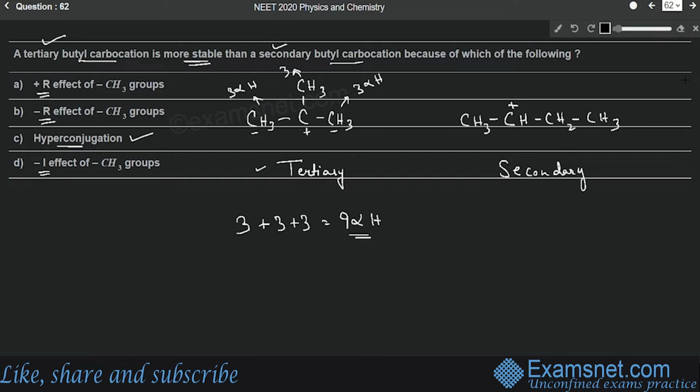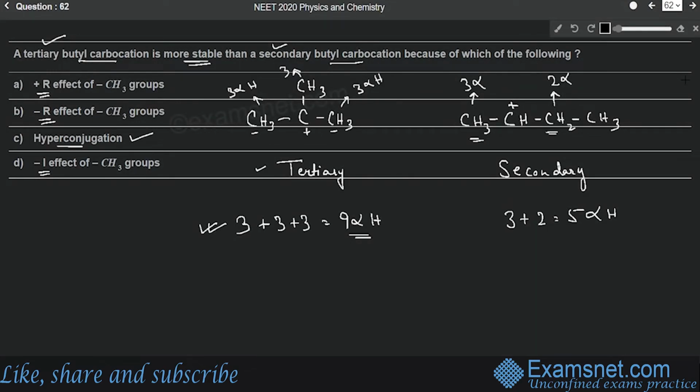Now in case of secondary butyl carbocation, only 2 carbons are directly attached to the cationic carbon. So that means 2 alpha hydrogens this side and 3 alpha hydrogens this side. So the total number of alpha hydrogens will be 3 plus 2, that means 5 alpha hydrogens. So the number of alpha hydrogens is more in case of tertiary butyl carbocation. Therefore, the tertiary butyl carbocation will be more stable as compared to secondary butyl carbocation.